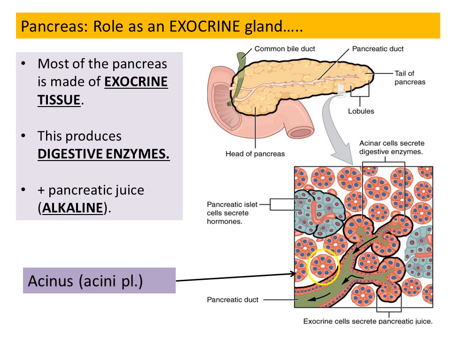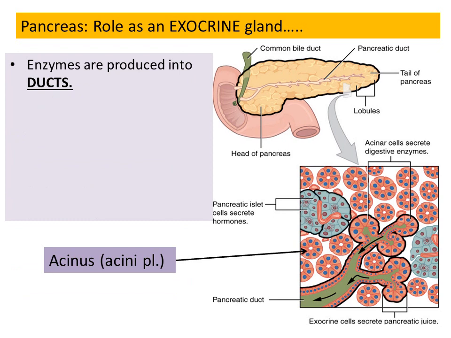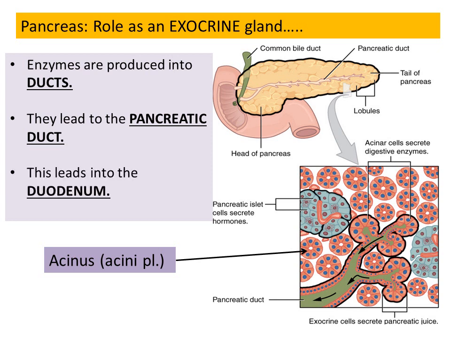We've got the clusters of acini, one acinus, many acini, and you can see that they are in little groups with a central gap in the middle, which is a duct, and these enzymes are going to be secreted into that duct, and then all these ducts will join together to form the pancreatic duct, which carries the pancreatic juice into the duodenum.